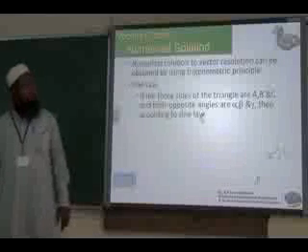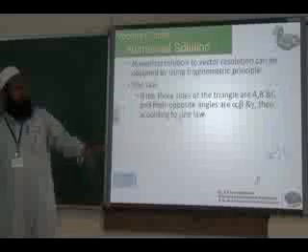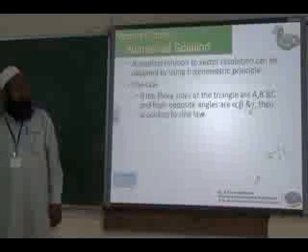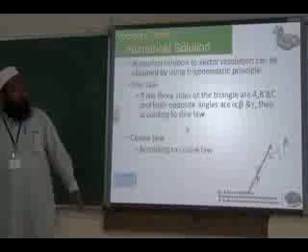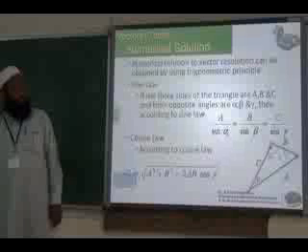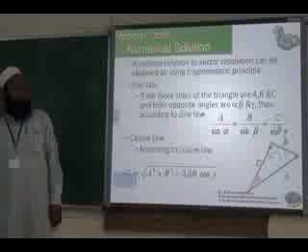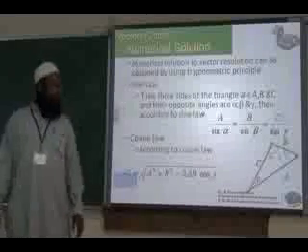If there are three sides of a triangle A, B and C, and the opposite angles are alpha, beta and gamma, then according to sine law, A by sine alpha equals B by sine beta equals C by sine gamma. This is your sine rule.